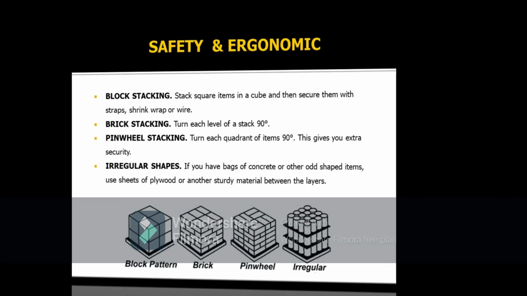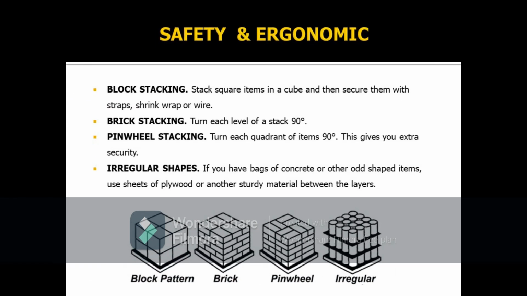Okay, safety and ergonomics. First, block stacking: stack square items in a cube and then secure them with straps, shrink wrap, or wire. Second, brick stacking: turn each level of a stack 90 degrees. Third, pinwheel stacking: turn each quadrant of items 90 degrees.